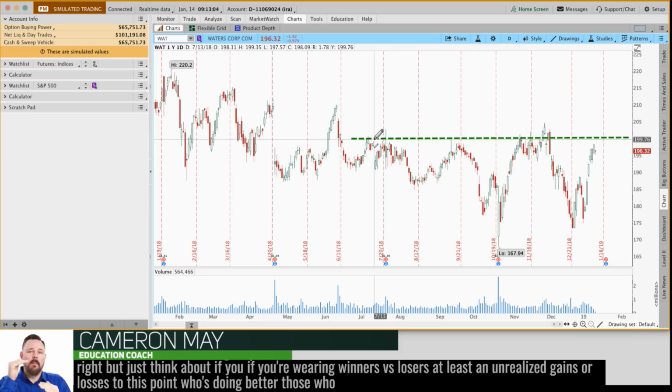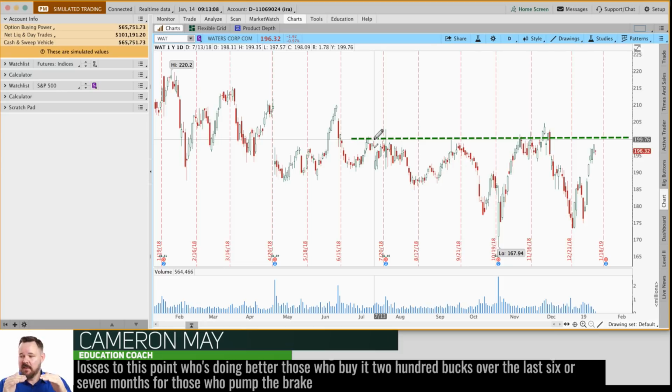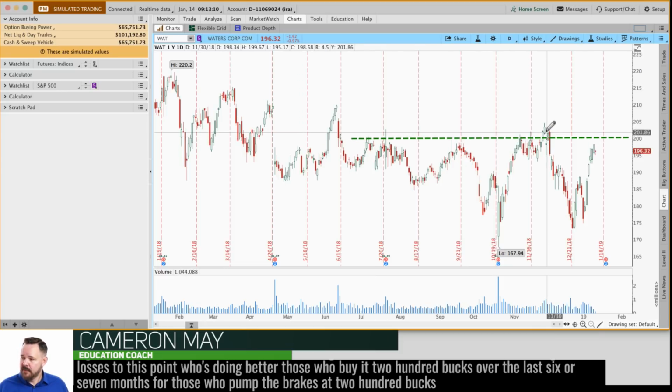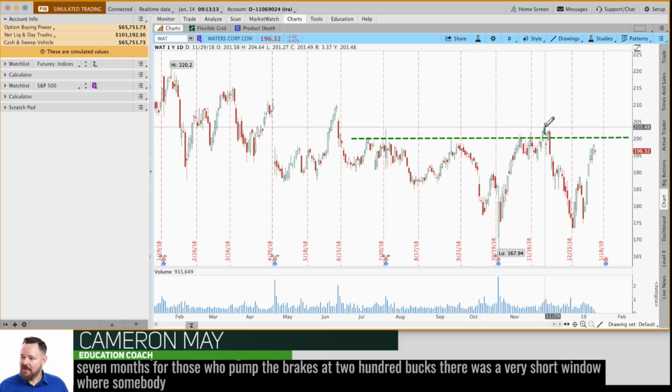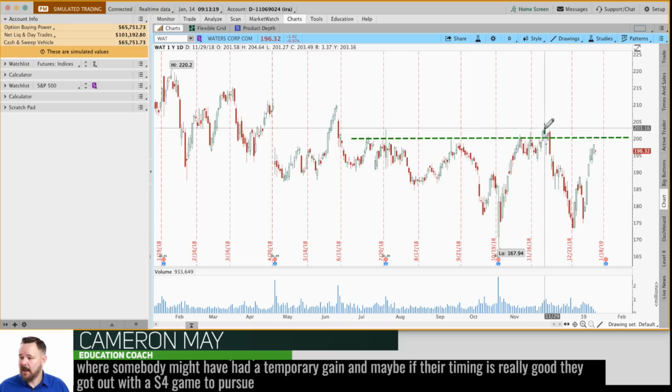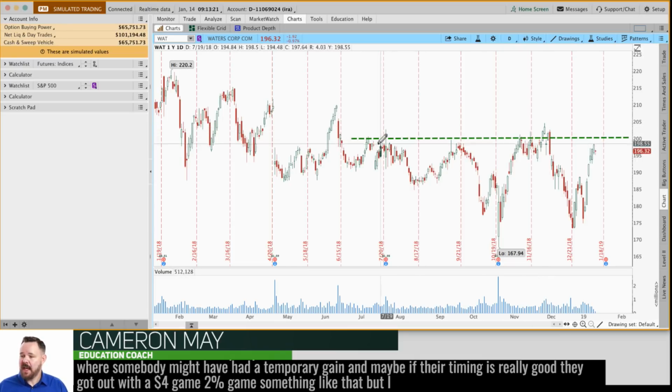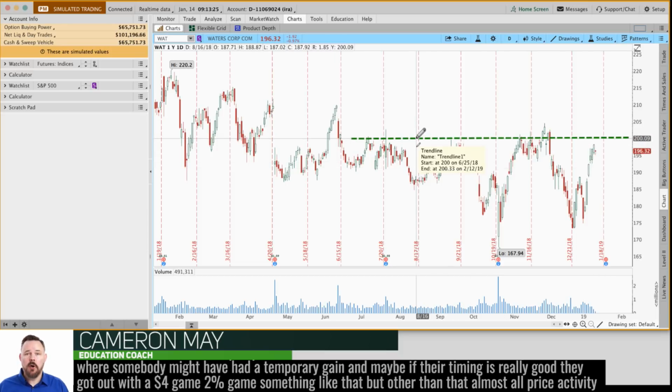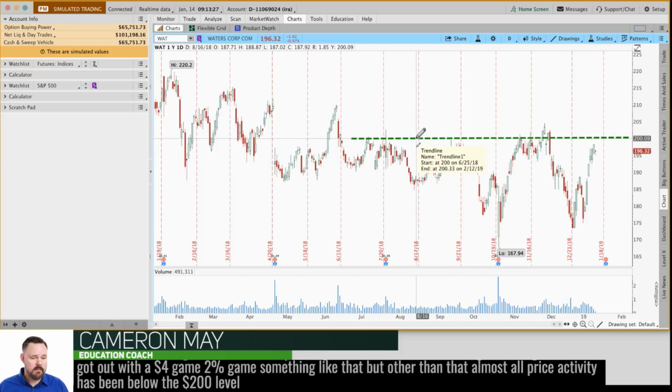Those who buy at $200 over the last 6 or 7 months, or those who pump the brakes at $200? There was a very short window where somebody might have had a temporary gain, and maybe if their timing is really good, they got out with a $4 gain, 2% gain, something like that. But other than that, almost all price activity has been below the $200 level, right?